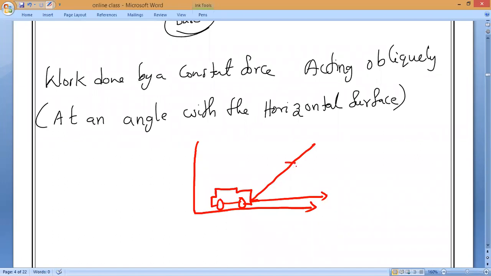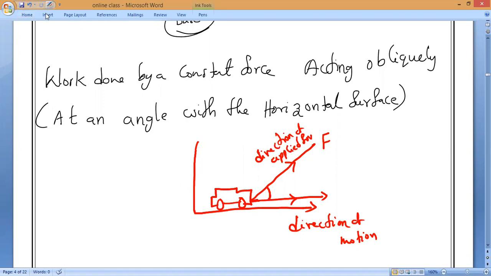The force is applied in this direction, and this is the direction of motion, and this is the direction of applied force. What is this called? Angle. The angle between the two: the horizontal surface and the applied force.